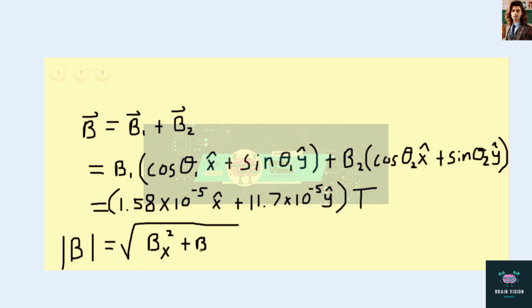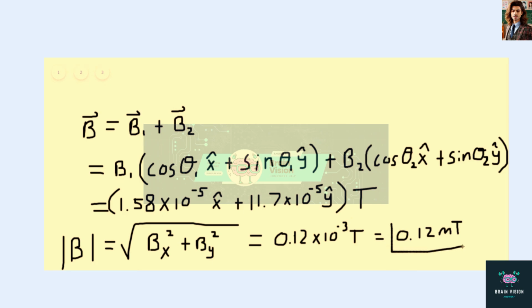We plug in our 1.58 times 10 to the minus 5 for b of x and our 11.7 times 10 to the minus 5 for b of y, and we find that the magnitude of b is 0.12 times 10 to the minus 3 Tesla. This can be rewritten as 0.12 millitesla. We can box that in as our magnitude.